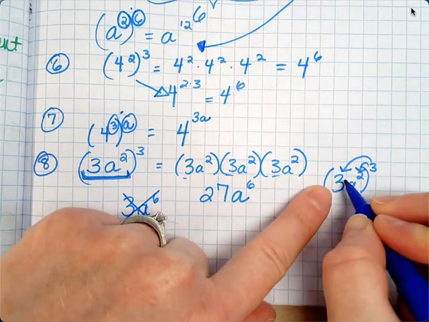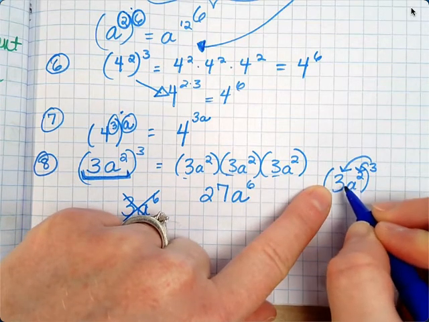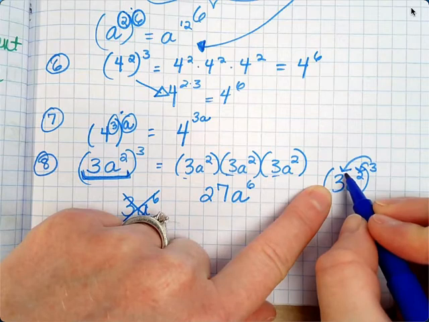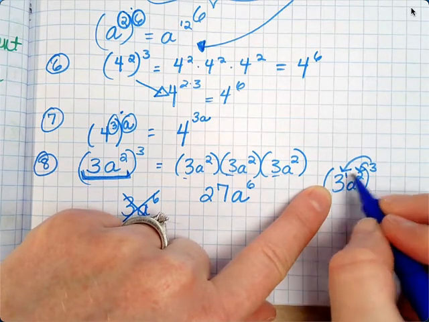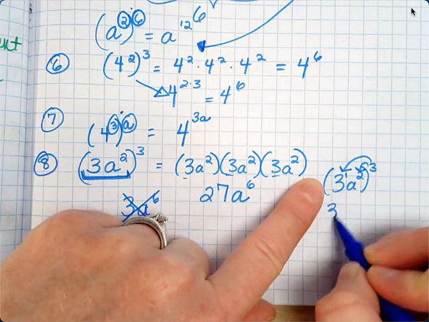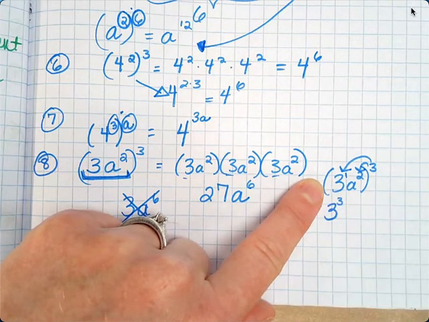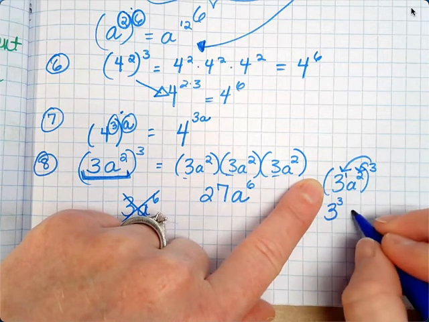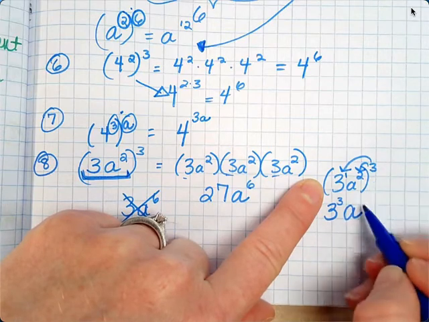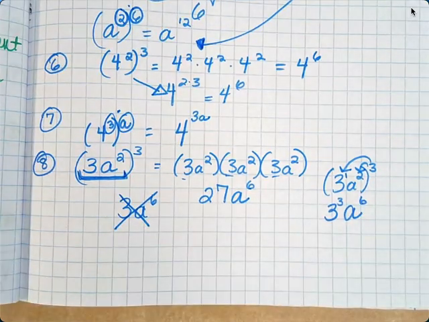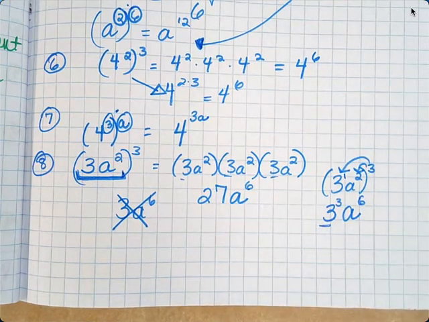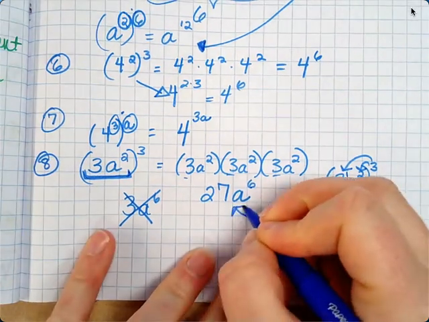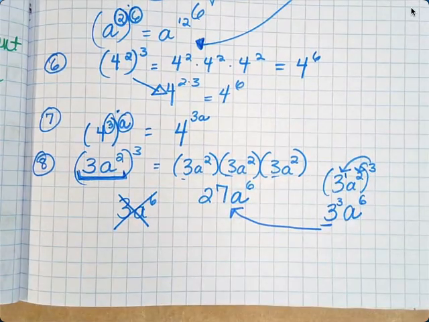So what's the exponent right now on 3? No, the exponent. 1. So I multiply 1 times 3, which would be just 3. So 3 to the third. And then a, 2 times 3 is to the 6th power. Then you're able to do 3 to the third. That means 3 times 3 times 3, which is the 27a to the 6.